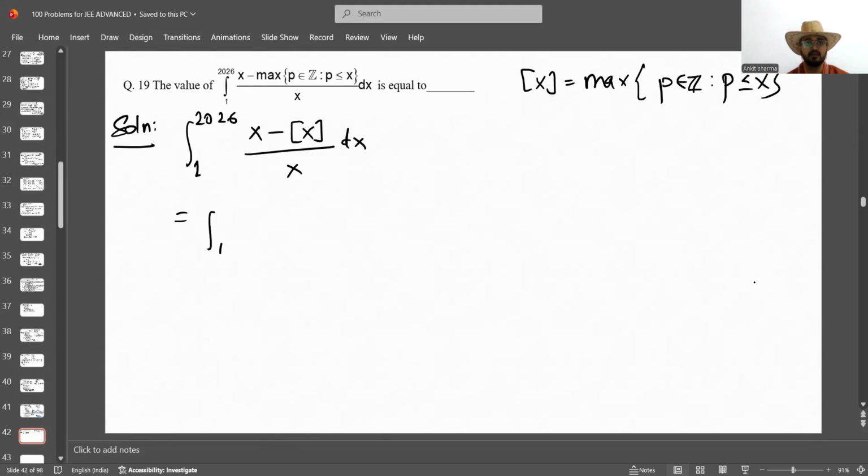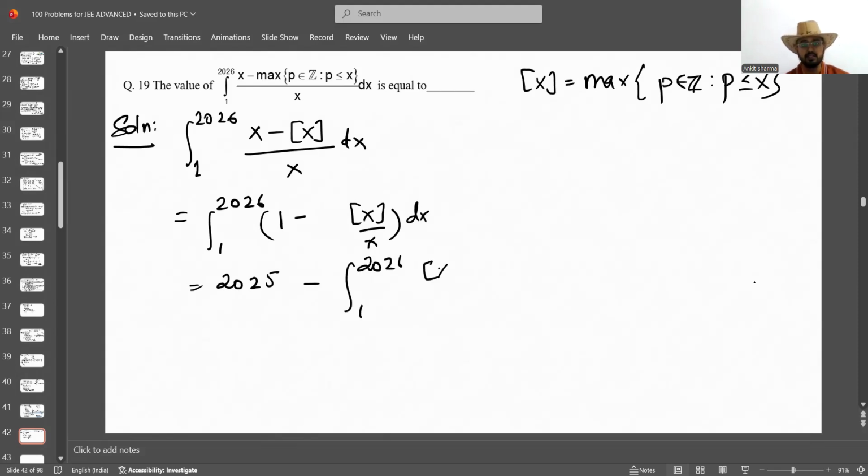So now we'll go from here 1 to 2026, and then x over x gets cancelled. We get minus GIF of x over x dx. So in this regard, we are going to have here 2026 minus 1, which is 2025 directly. Then minus integral 1 to 2026 GIF of x over x dx.